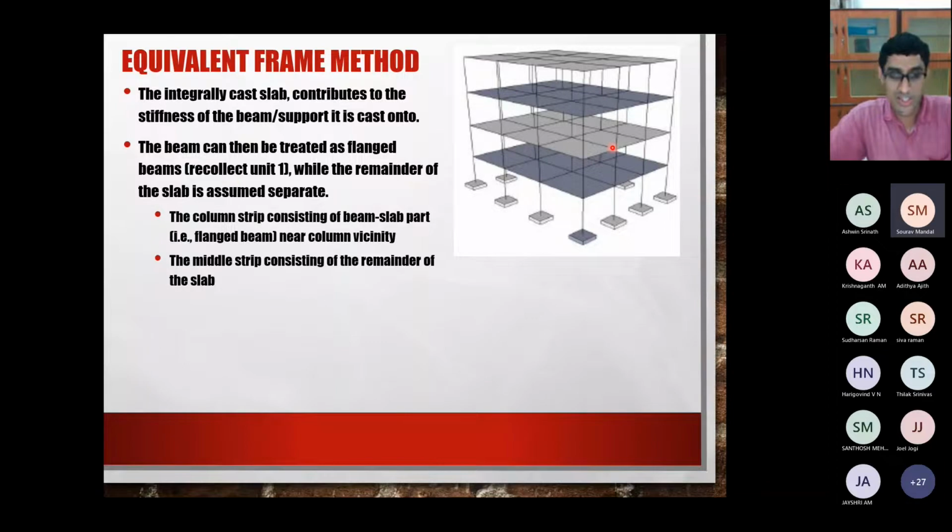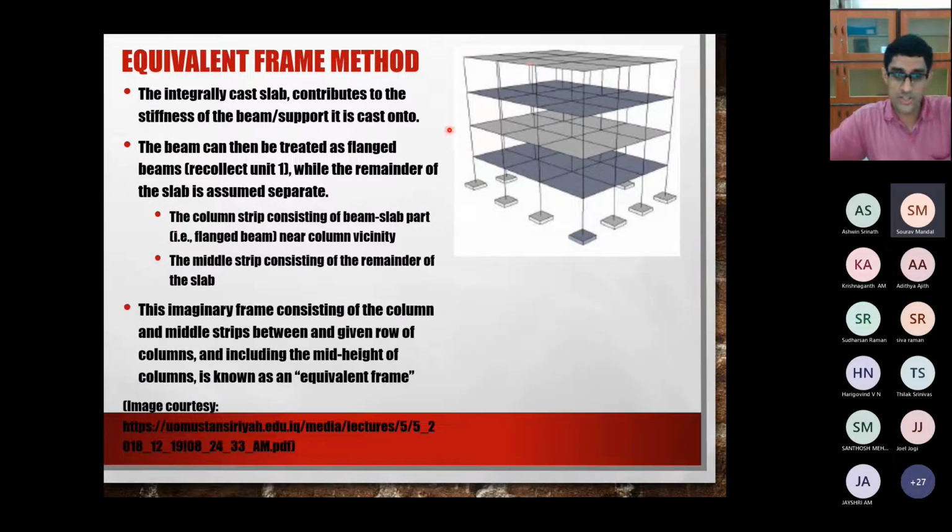For example, if I have a system like this, these solid lines are all beams in two directions, these vertical solid lines are columns, obviously, and the shaded rectangles are slabs. We also saw, when doing two-way slabs, two definitions known as column strip and middle strip.